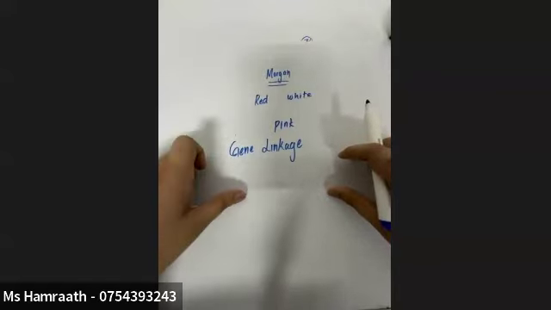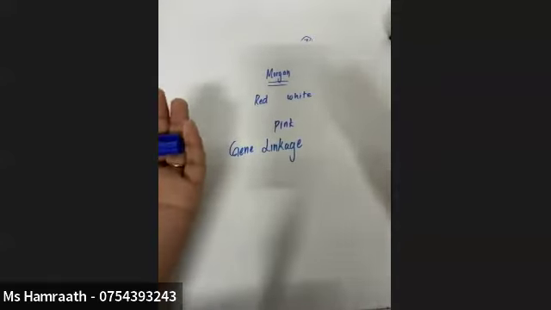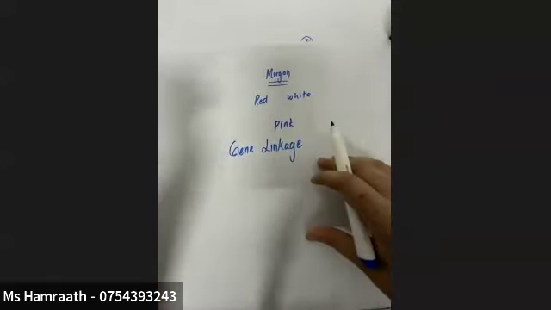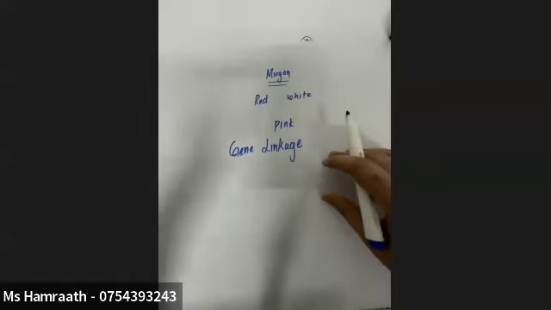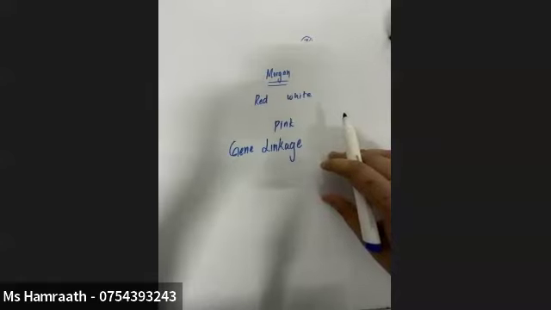Morgan said every time you won't be getting a characteristic of either red or white; there is a situation where both of the characteristics can be depending on each other. That is what we call gene linkage. So who is the scientist who introduced gene linkage? That is Morgan.